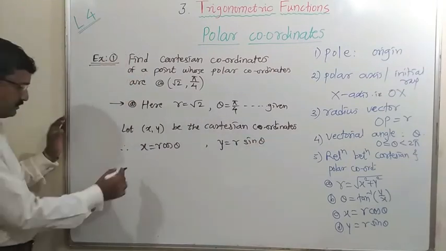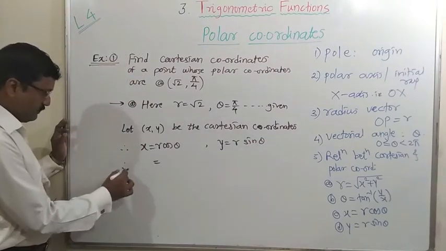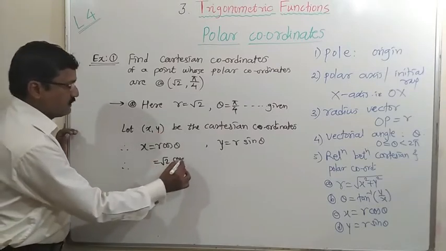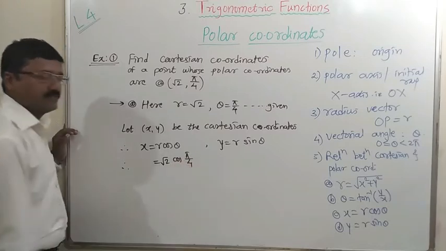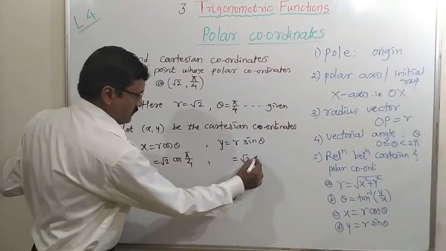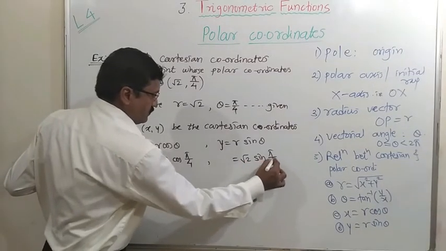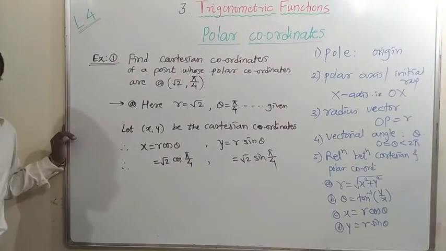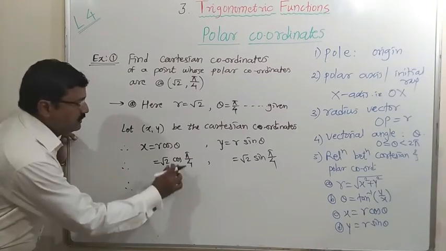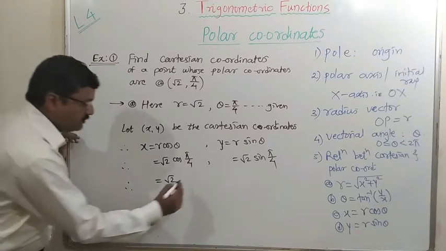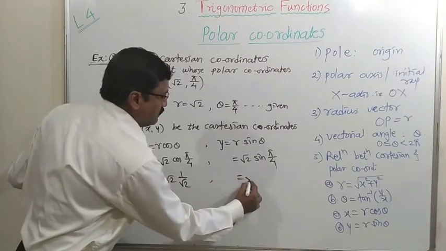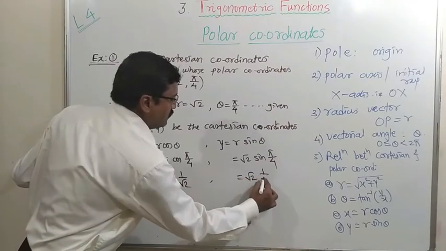Okay, let us put those values here. So we get r is root 2, theta is pi by 4. In the second case, y is equal to r is root 2 and theta is pi by 4. Okay, it's very simple. Therefore, it is equal to root 2 into cos pi by 4 is 1 upon root 2, and sin pi by 4 is also 1 upon root 2.